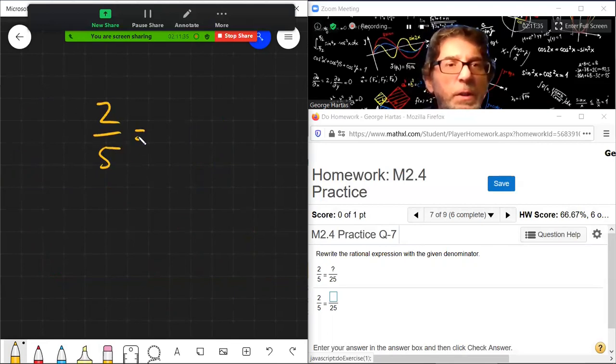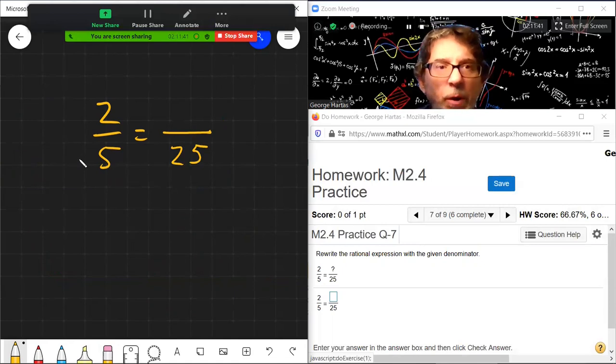2/5 is equal to what over 25? We're going to look at the denominators. I'm going to put a multiplication dot in front. I'm going to ask myself what number times 5 is 25, and I know that number is 5.